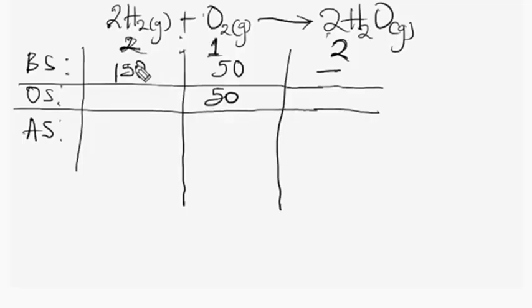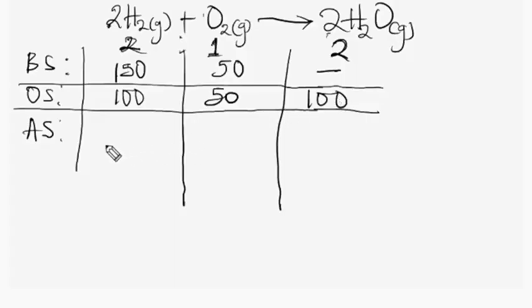Hydrogen used on sparking was 2 times the volume of oxygen, since you have 2 here and 1 here. That's 100 cm cube. And the water yielded on sparking will be 100 again. So the water produced on sparking is 100 as well.